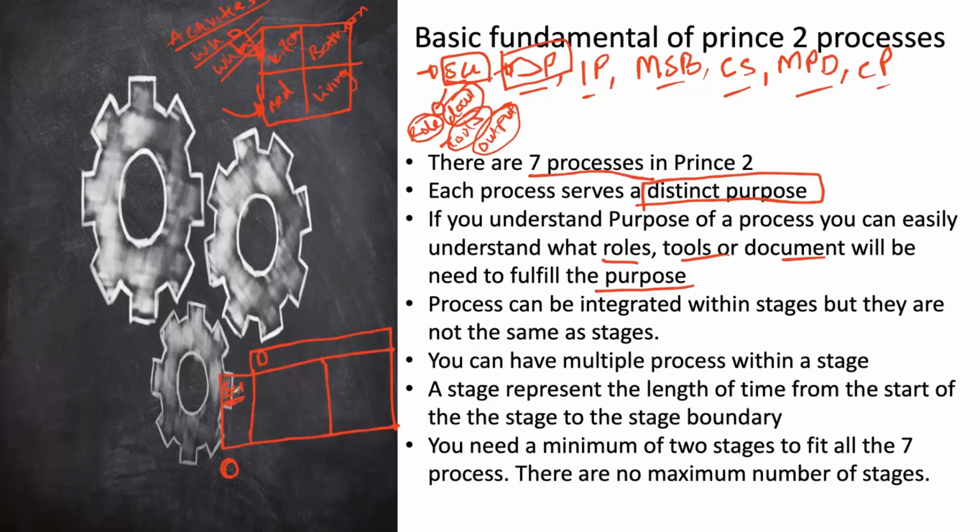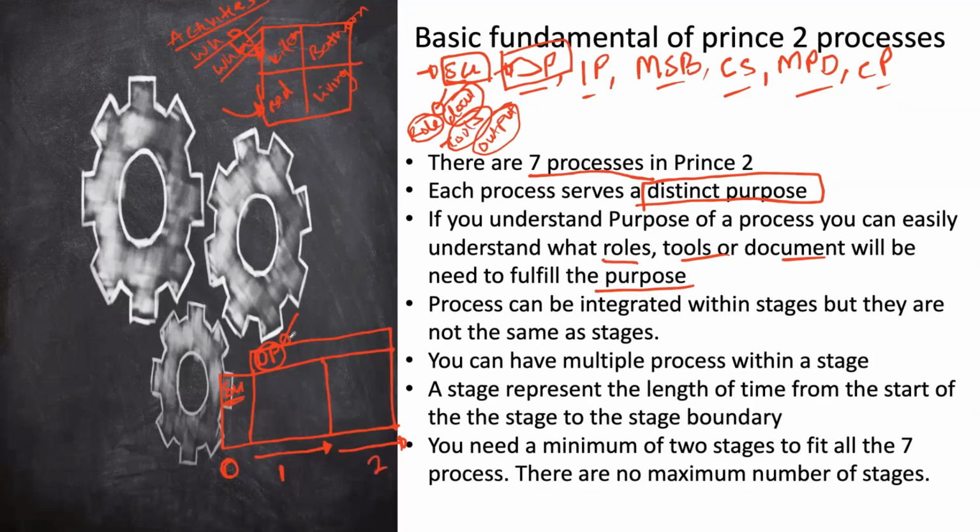The SU stands for starting up a project process, and the DP, directing a project process, is also not a stage. It operates as a process. Your stage is the length of time from the start of a particular stage to the end of that stage, getting the go-ahead for that stage. So there are only 2 stages here, stage 1 and stage 2.